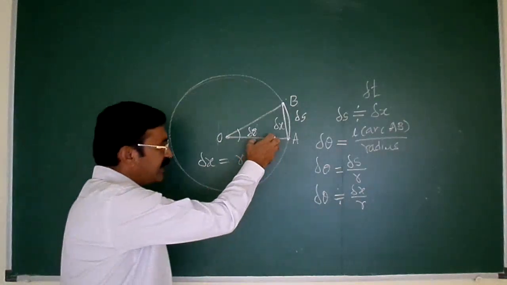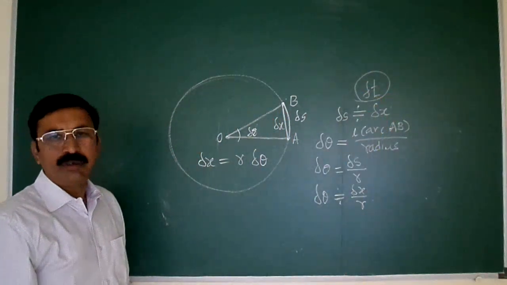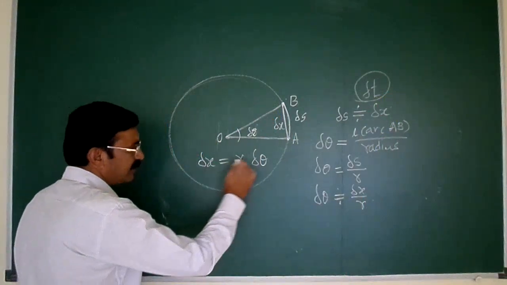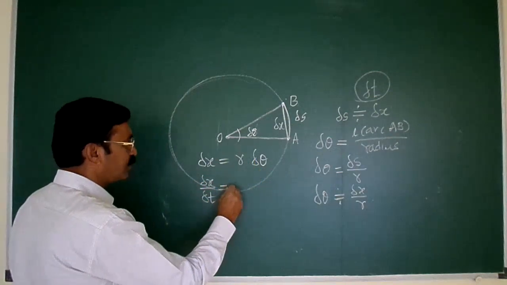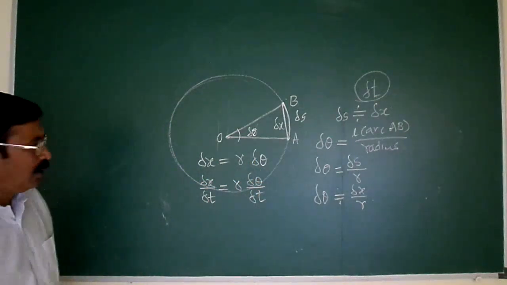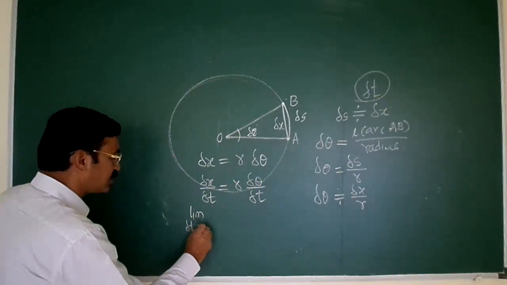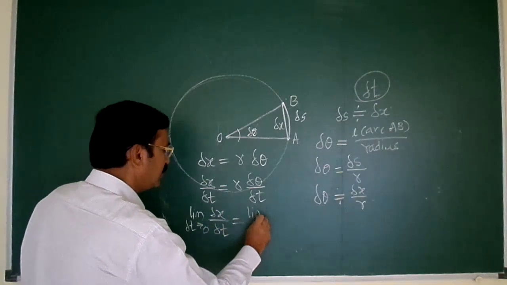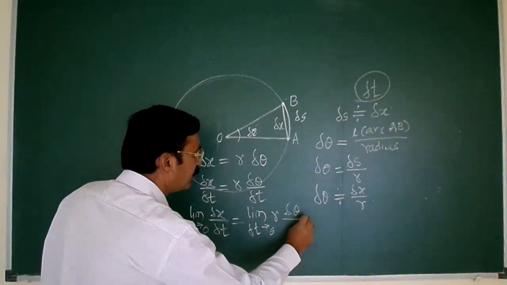Now if this change is taking place in a small time interval delta t, which approaches 0 but is not equal to 0, let us divide both sides by delta t. It becomes delta x upon delta t, which is equal to r delta theta upon delta t. So taking the limiting values on both sides, limit delta t tends to 0, delta x upon delta t will be equal to limit delta t tends to 0, r delta theta upon delta t.